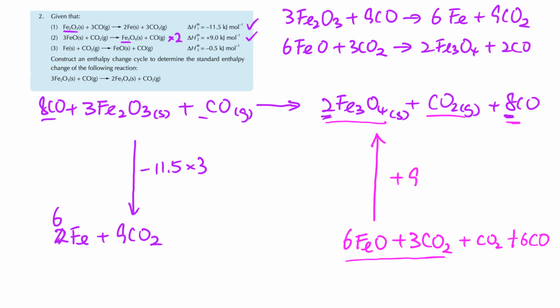So I run this one by 2. The last one will be Fe plus CO2 becoming FeO and CO. We have 6 Fe here, 6 Fe here. So for the whole equation, we are using the third equation with 6 Fe, 6 CO2, and then it becomes 6 FeO and also 6 CO. So we have 6 Fe, 6 CO2.